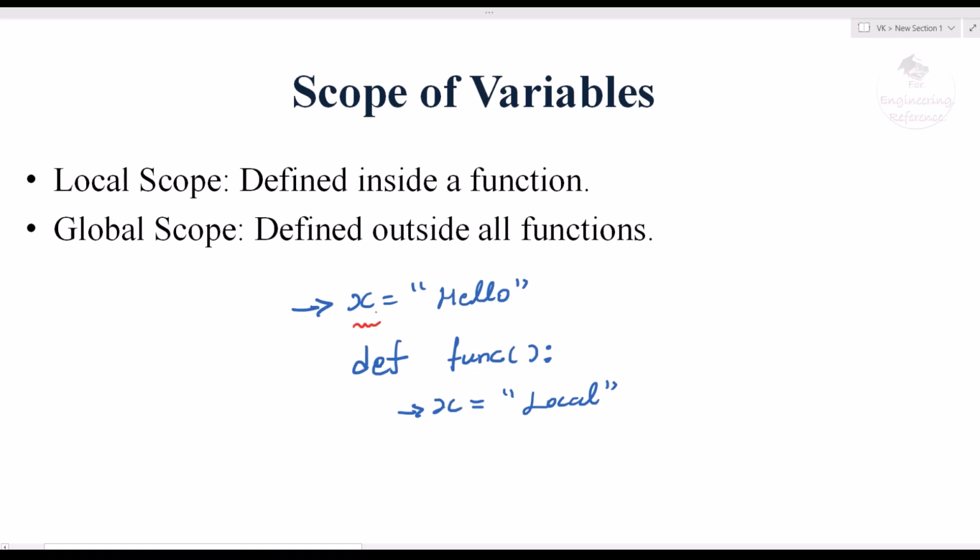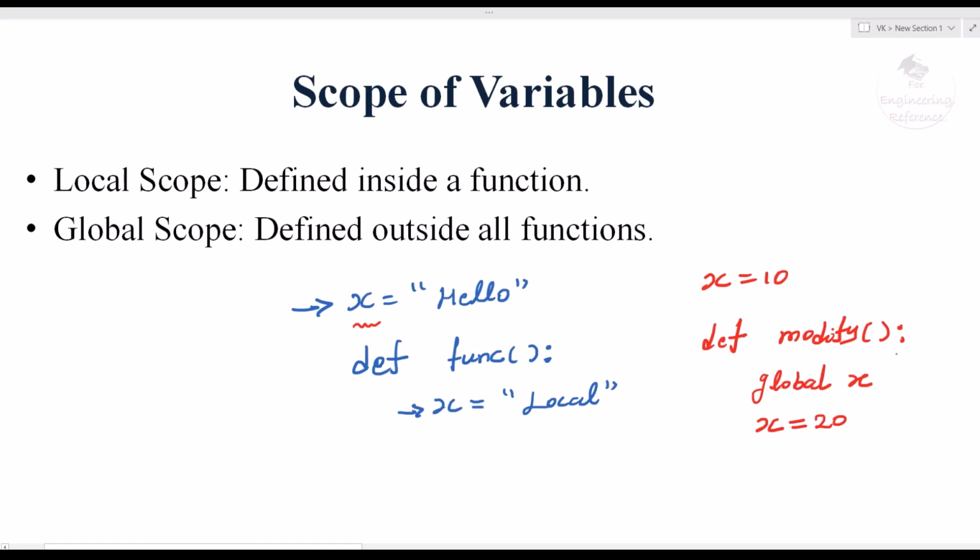In case I want to change the global variable inside a function, say for example I have x is equal to 10 and let me have a function modify. Then inside, what can I do? I need to use the global keyword, global x, then we can change the value of the variable x.